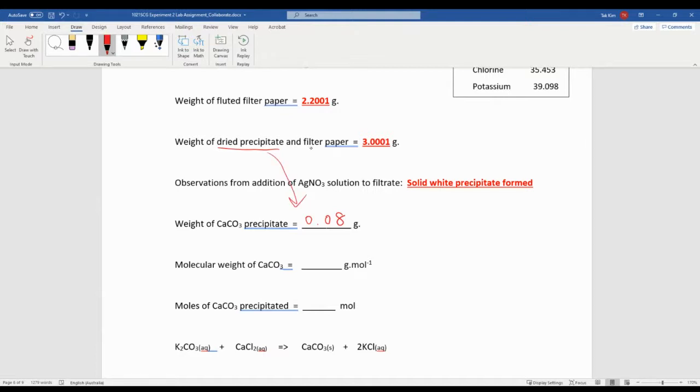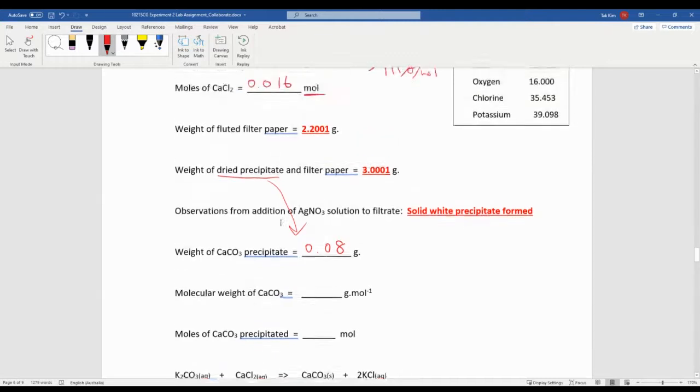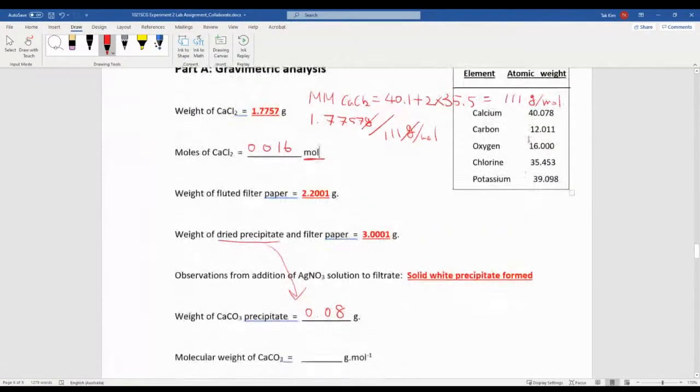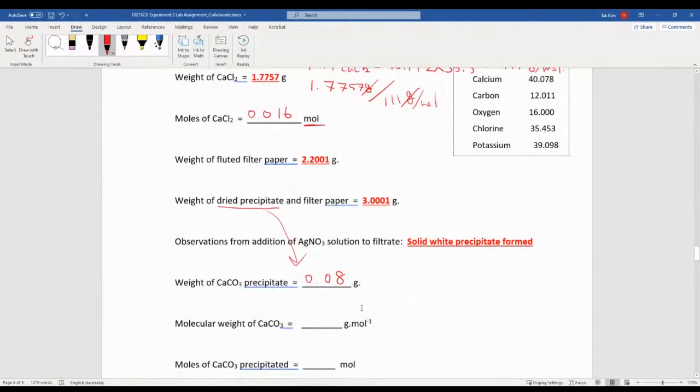0.08. And then it is asking for the molecular weight of calcium carbonate, the same process, right? You only have to look at the atomic weights. We have one calcium, which is 40.1, plus one carbon, which is 12.0, plus 3 oxygen, 3 times 16. So 40 times 1 plus 12 plus 48.